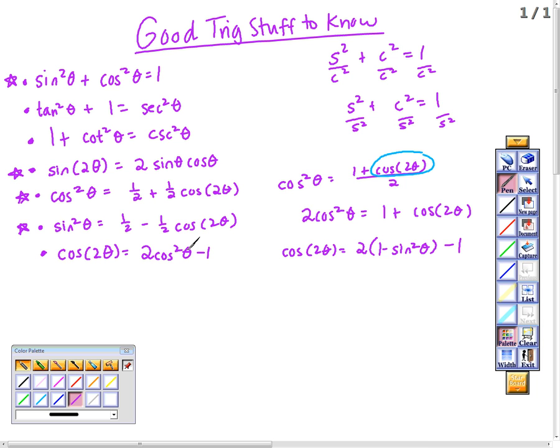Cosine squared theta is now 1 minus sine squared theta. You see it? So this is 2 minus 2 sine squared theta minus 1. Just distributed this. Michael, do you see it? Okay, so 2 minus 1? 1.